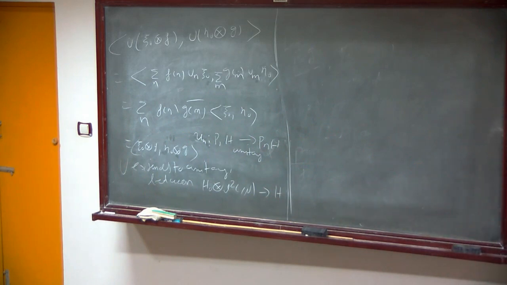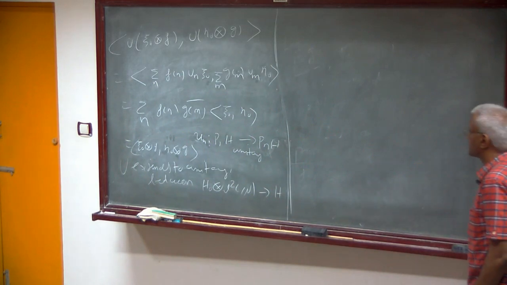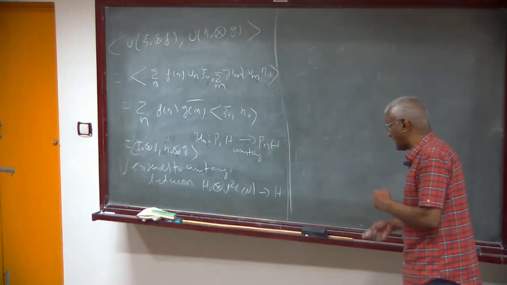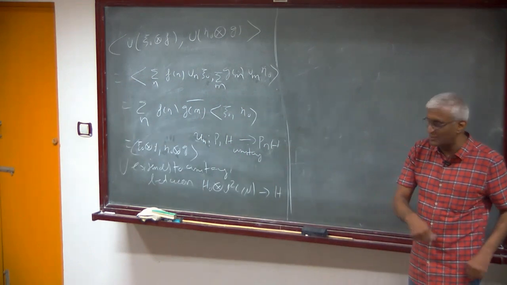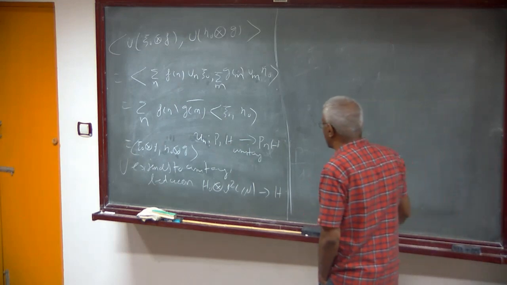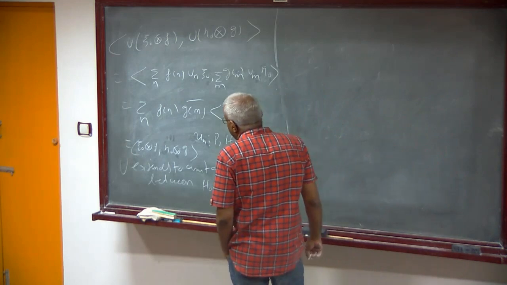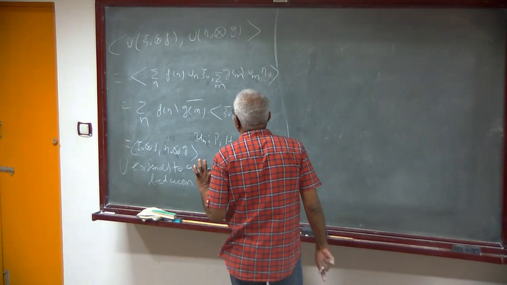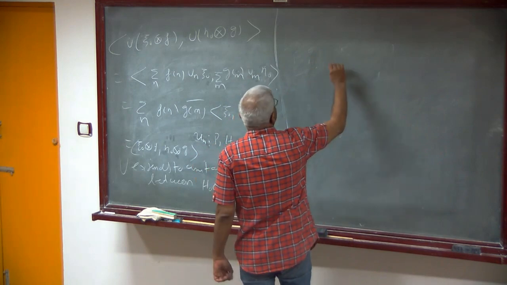Okay. So if it is clear, then I can say. If it is not clear, I will ask you to write it down and convince yourself. Okay. Everything is clear. So U extends to a unitary. You take how this goes.